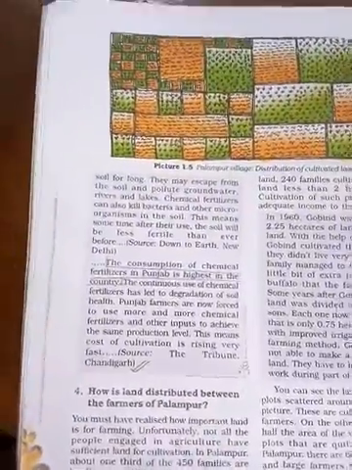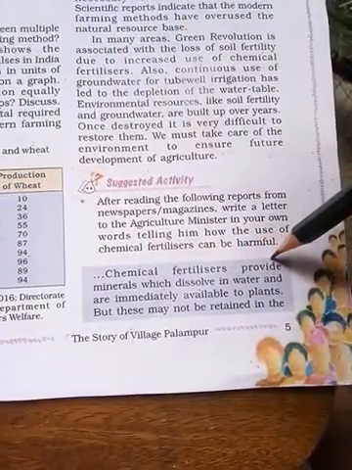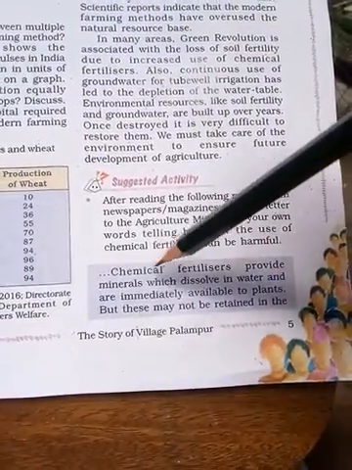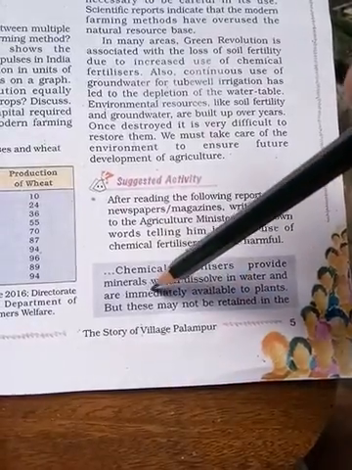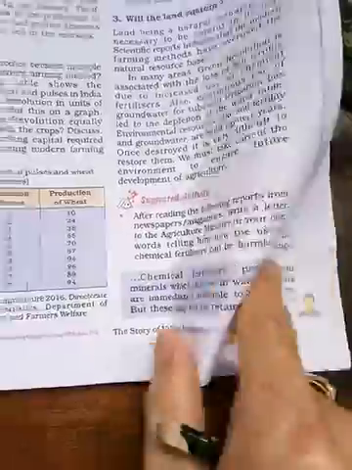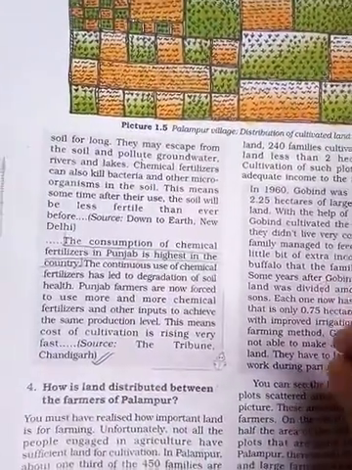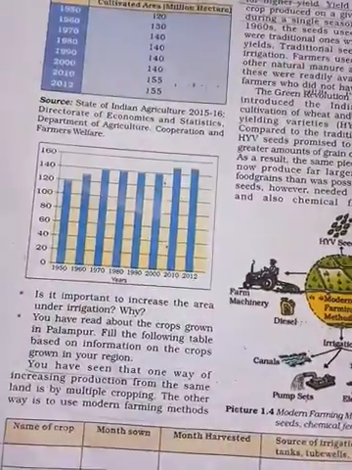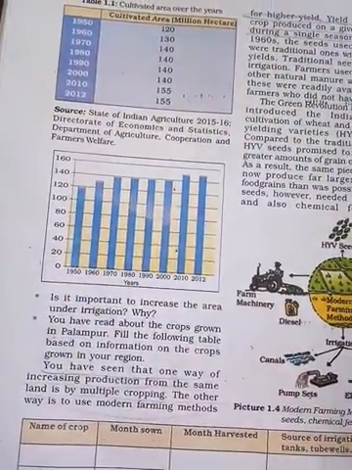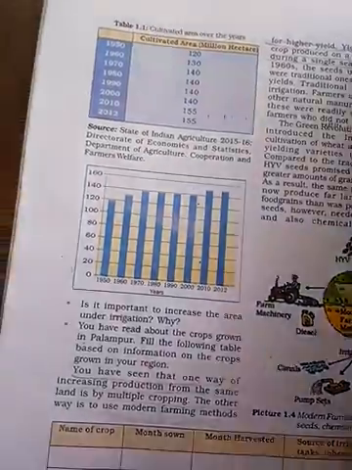Okay, let us see. Chemical fertilizers provide minerals dissolved in water and immediately available to plants, but they are not retained in the soil for a long time. Look here, these chemical fertilizers dissolve in water very fast, and the plant takes them up.